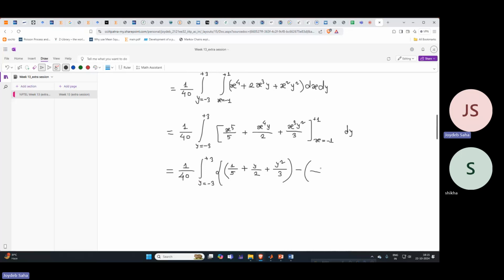So this will be minus 1 upon 5 plus y upon 2 minus y square upon 3 dy.